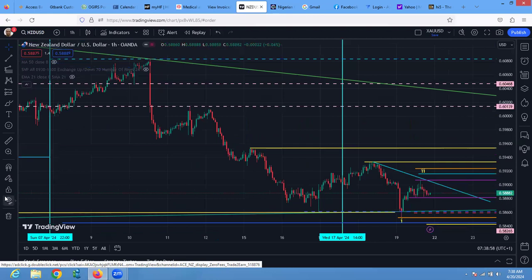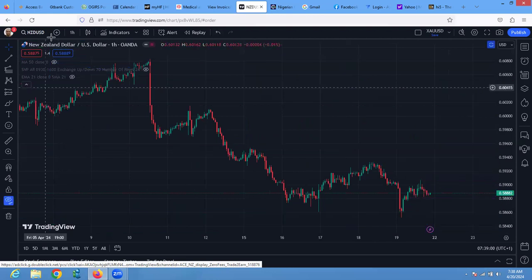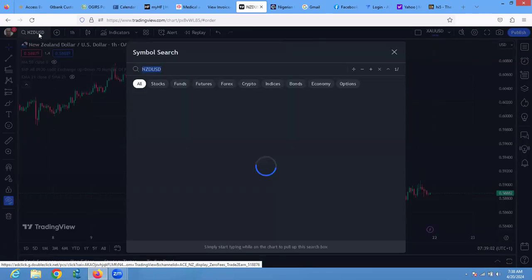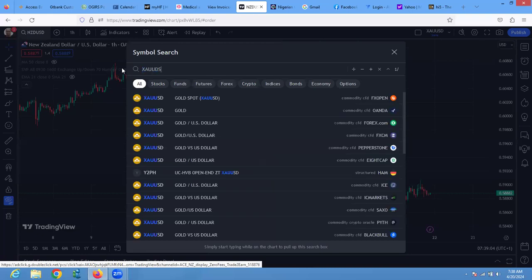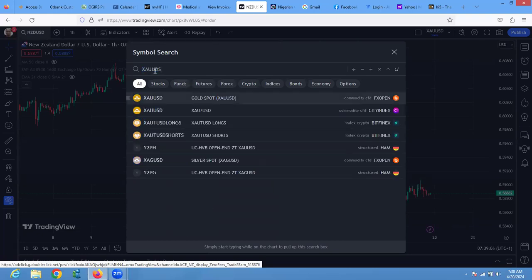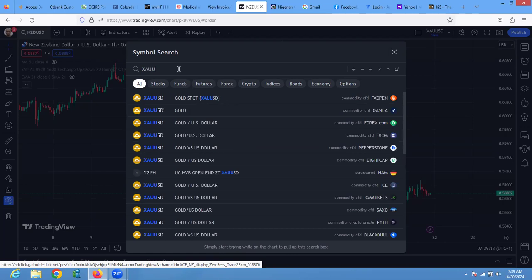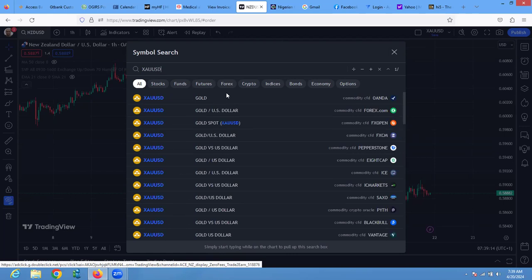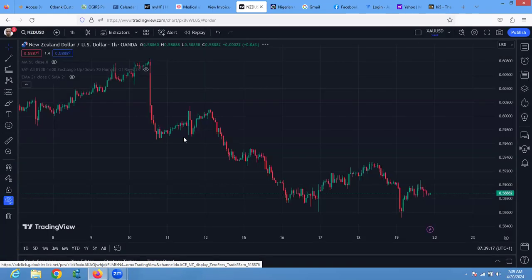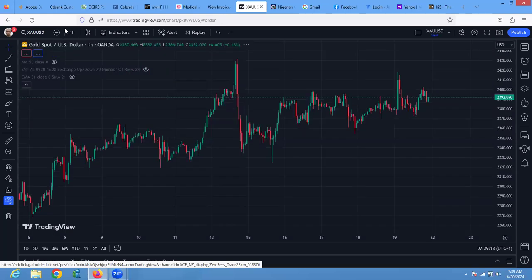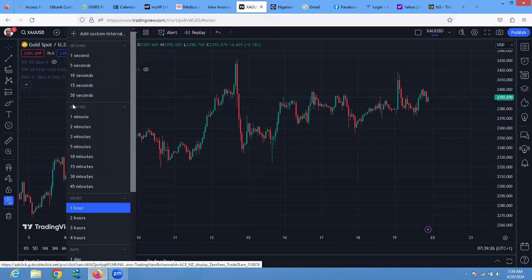Now, going to gold, USD gold. So looking at gold, gold has been in consolidation on one. It has been under consolidation now.